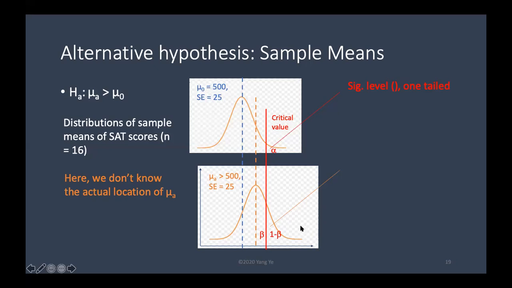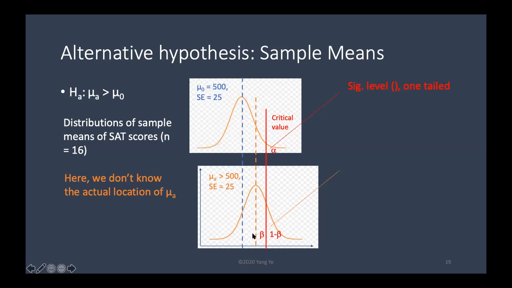Which means if we obtain a sample from the alternative hypothesis population, if we happen to obtain a sample mean to the right hand side of this line, which is the 1 minus beta area, then we'll be able to correctly make the conclusion that there is a difference.